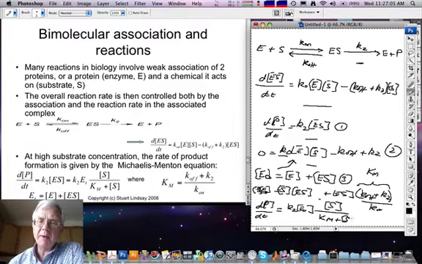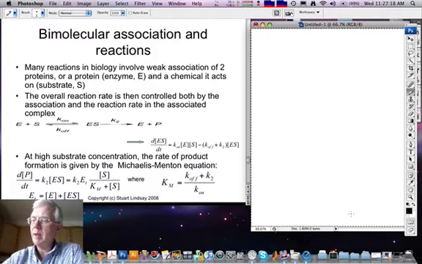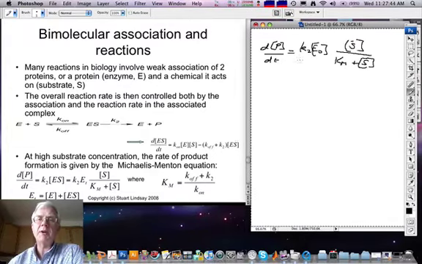This is the Michaelis-Menten expression for the rate of this reaction. Let's take a look at what it means and how to interpret it. So, to remind you then, we have that the rate of product formation is given by this expression.